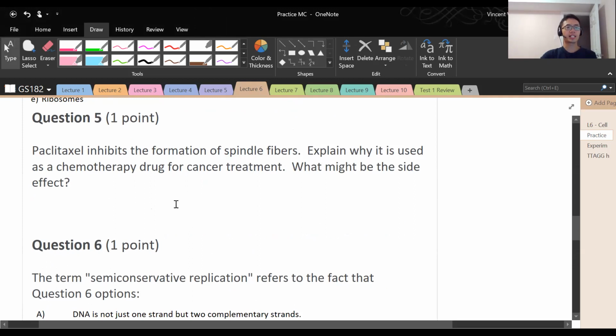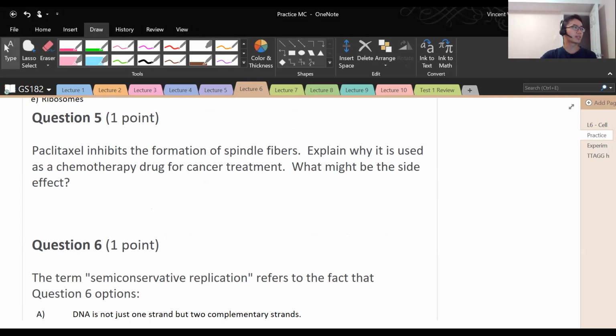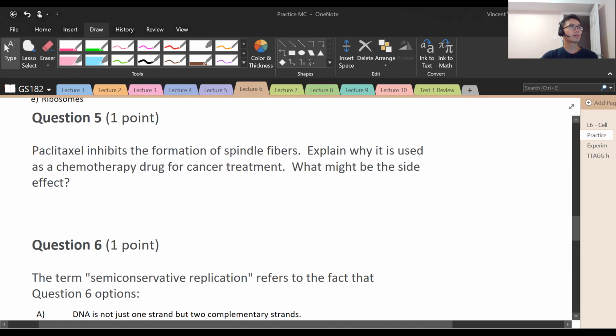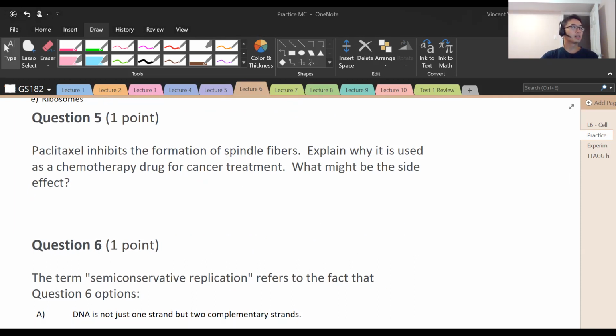Explain why it is used as a chemotherapy drug for cancer. Go ahead and let me know if you have any insights. Again, I welcome you to explain if you want.